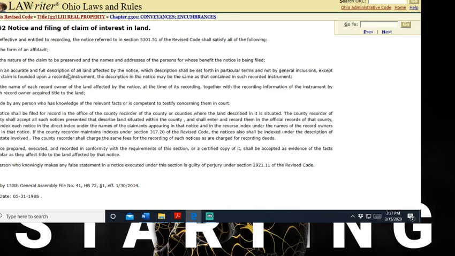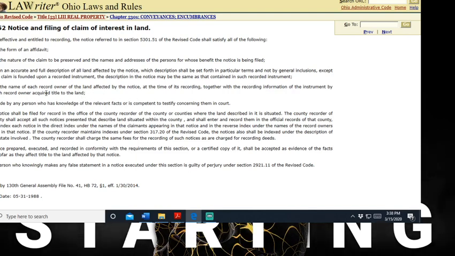Contain an accurate and full description. You say land, but you can say property affected by the notice. State the name of each record owner of the land or property affected by the notice at the time of recording, together with information of the instrument by which the record owner acquired title to the land or property.